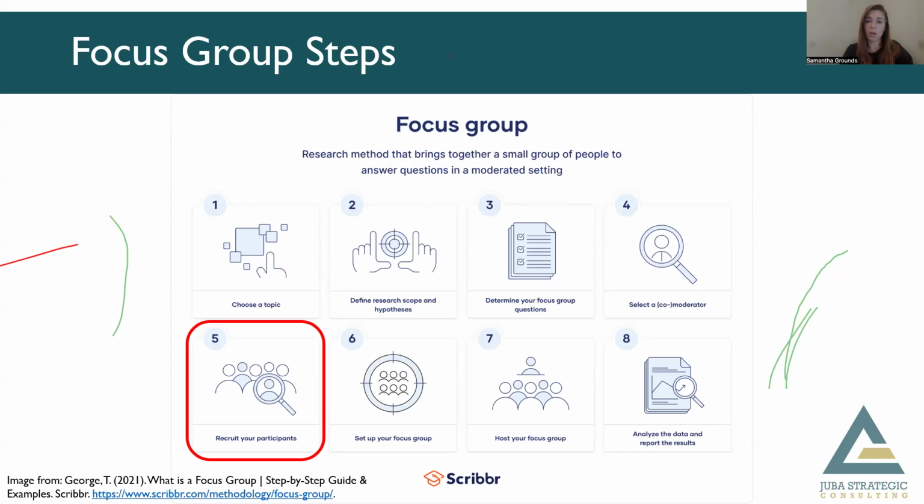It's called the COREQ checklist, and that checklist requires researchers to disclose factors about the focus group researchers themselves. So their background, their relationship to participants, whether or not they know participants, what the participants knew about the researcher at the beginning of the study, information like that.